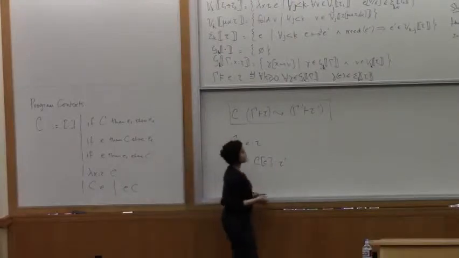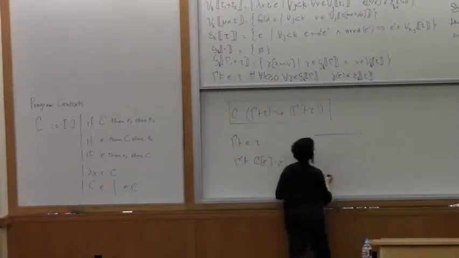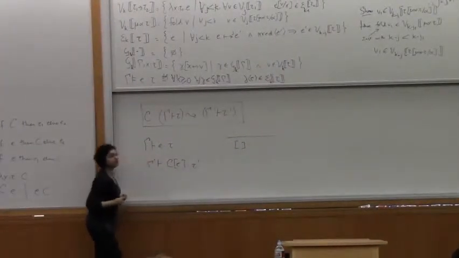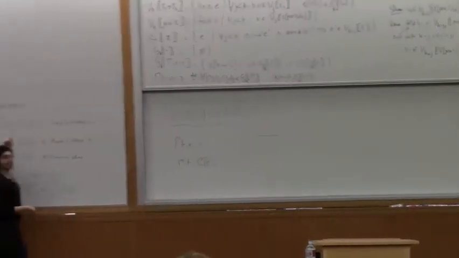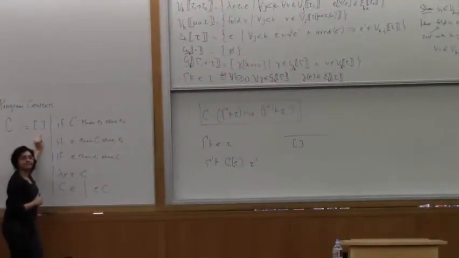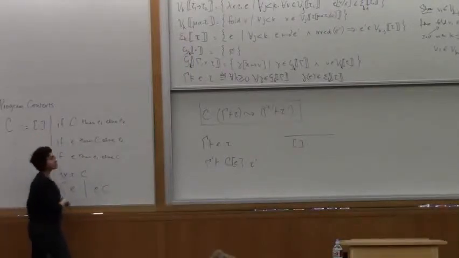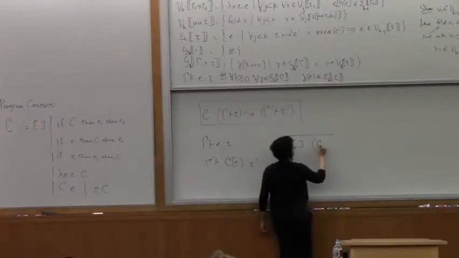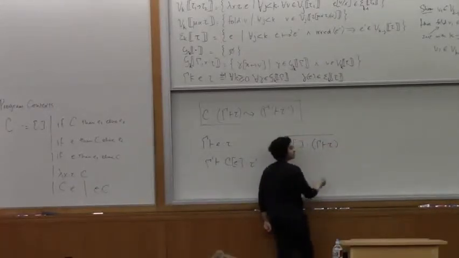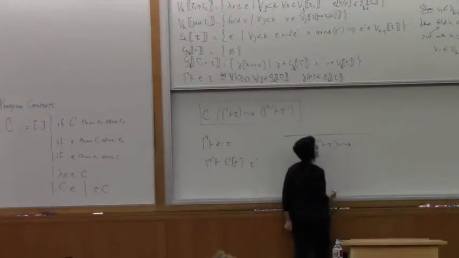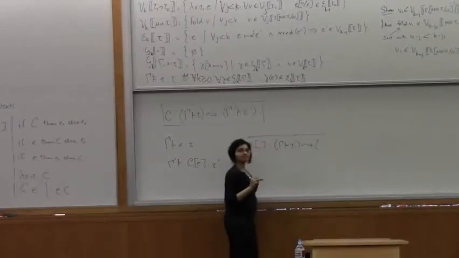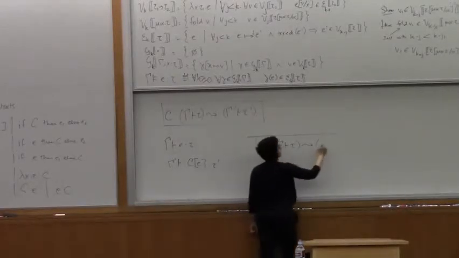So I'm not going to show you typing rules for contexts in any detail. There's only a couple that are interesting. How would you write down a typing rule for the most basic context that we have, for a hole? So let's say the hole has type this. Same thing? You could do the same thing.